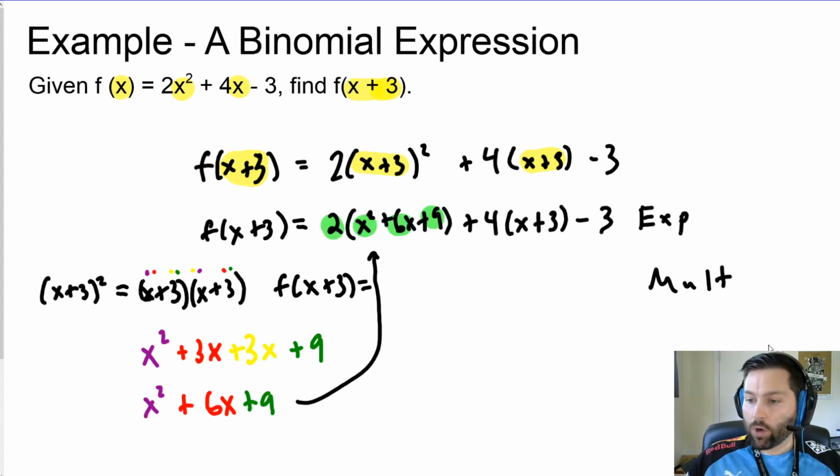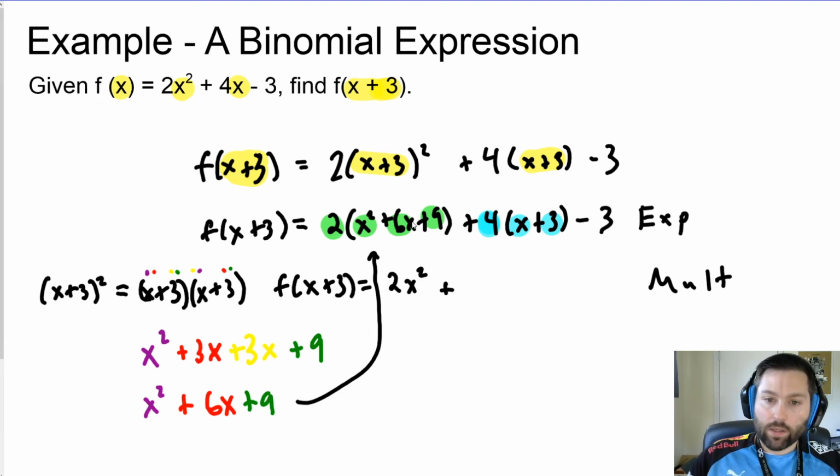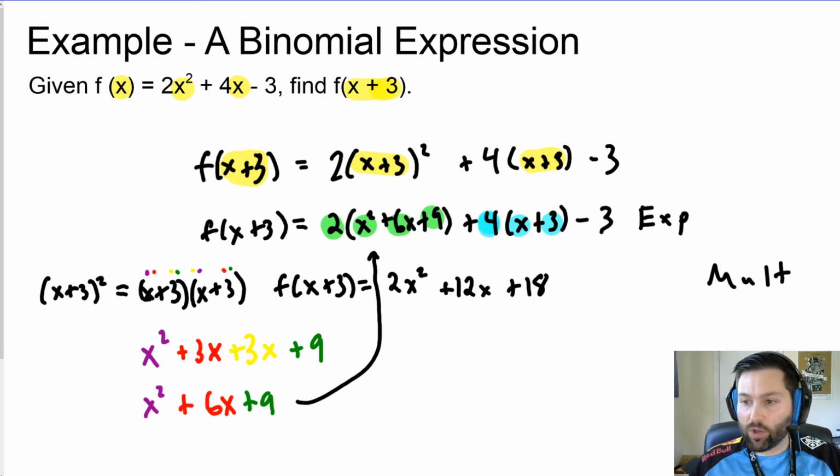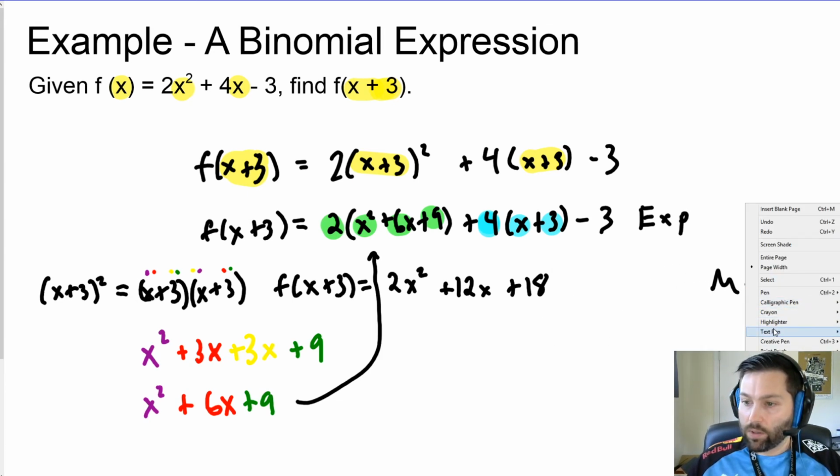And with the 4, I'm going to take the 4 and I'm going to distribute it to here and here. So if I go ahead and multiply those all through, I'm going to get 2x to the second power plus 12x plus 18. So that's all the green ones, and I'm actually going to need to move the multiplying word over.